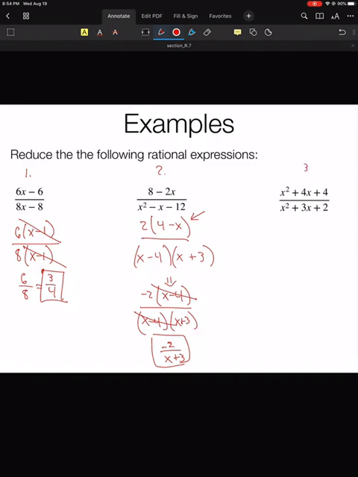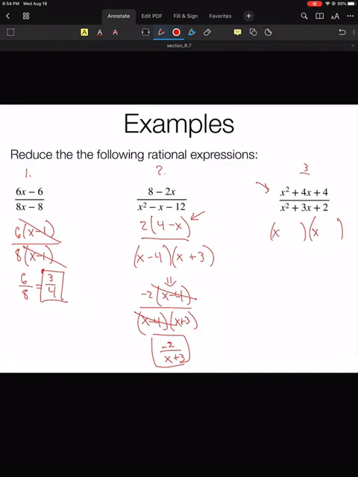Number 3. Now we have to do that factoring of polynomials twice, on the top and on the bottom. So, on the top, I want, again, things of the form like this.